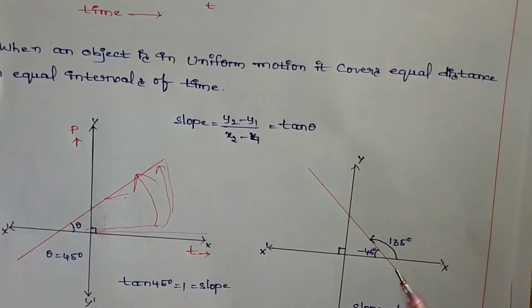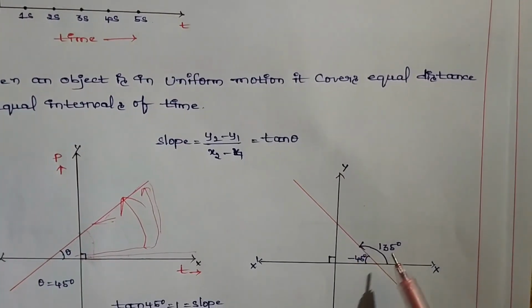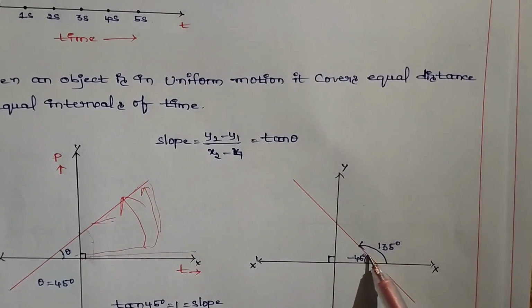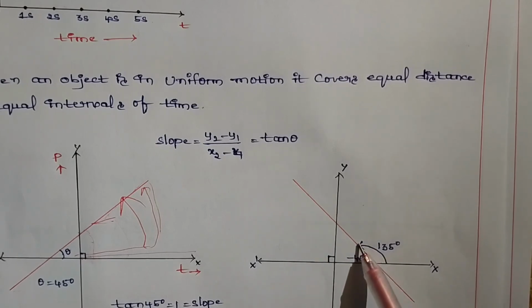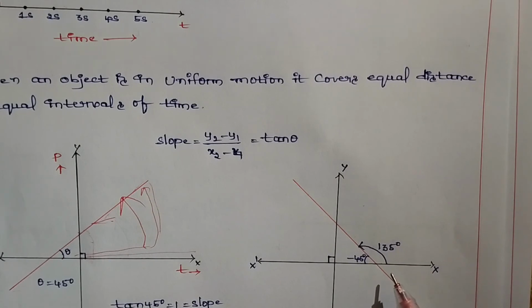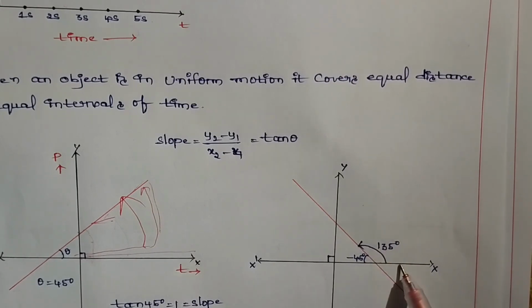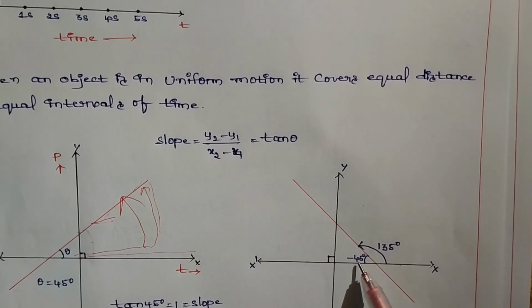And if the inclination is 135 degrees, it is also minus 45 degrees in clockwise measure. In anti-clockwise measure, it is 135 degrees. In this case, the slope of the line is negative, if it makes an obtuse angle, meaning greater than 90 degrees, in anti-clockwise direction with the x-axis, or we can say that it makes an acute angle in the clockwise direction with the x-axis.